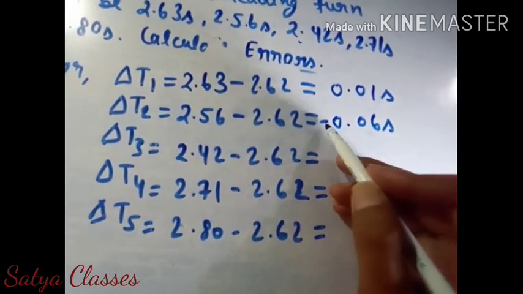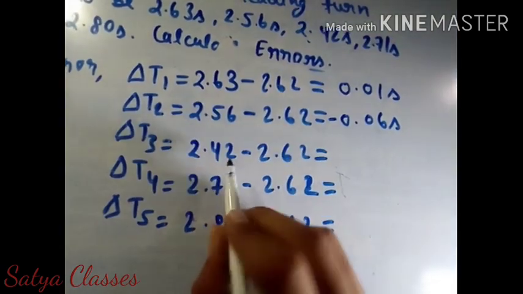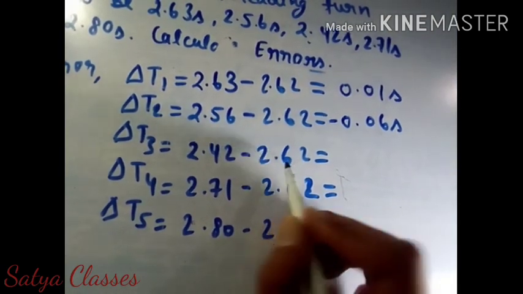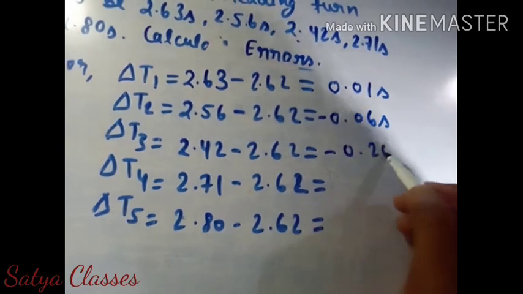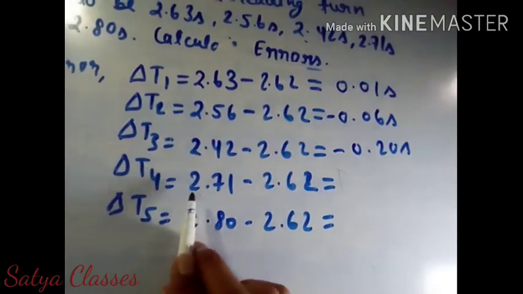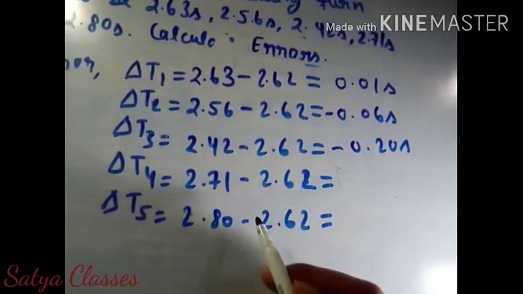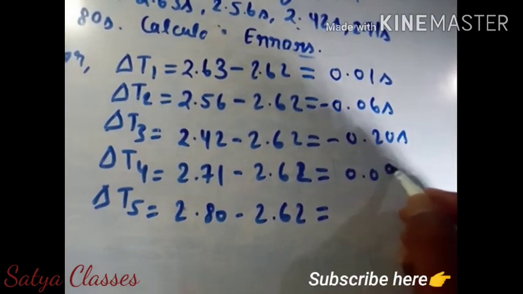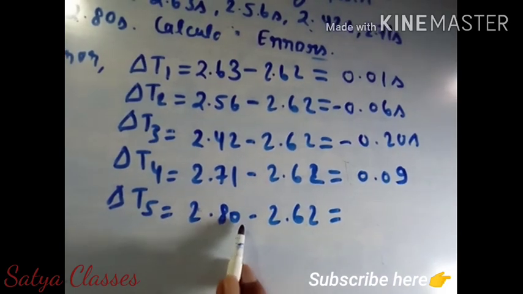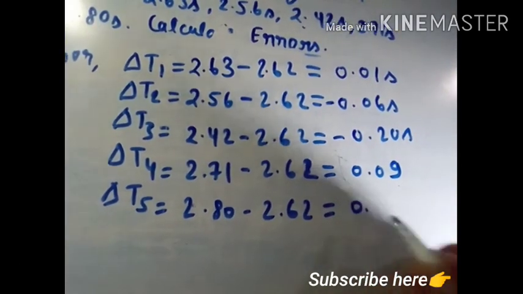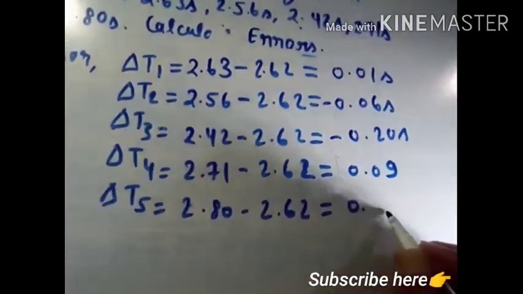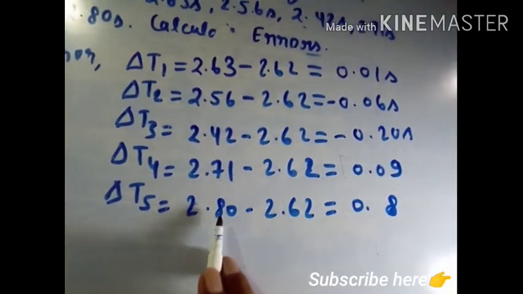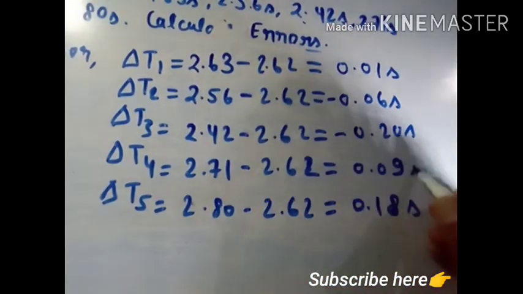Look at this sign, this is negative now. 2.42 minus 2.62 comes out to be minus 0.20 second. Okay, 2.71 minus 2.62 will be positive, and it becomes 0.09. And 2.80 minus 2.62 will be 0.18. Okay, so you have done this.